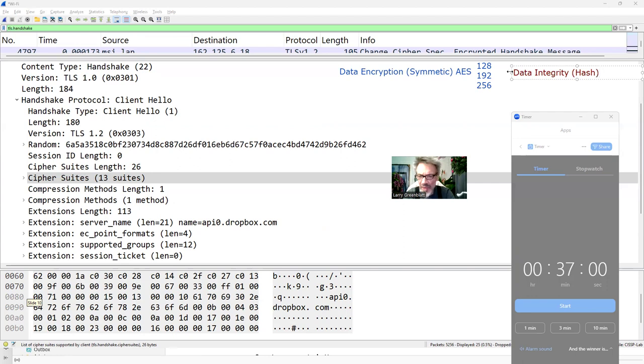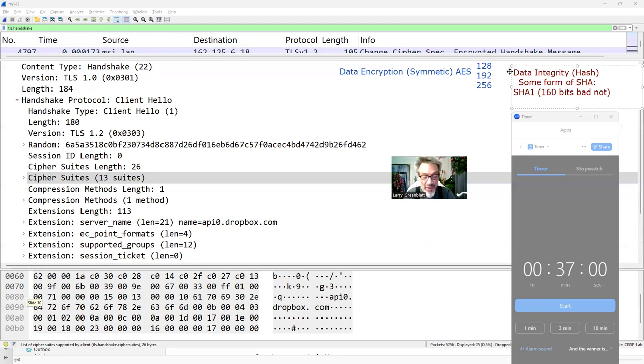SHA-1 is only 160 bits, and it's been cracked badly. Today we should not support it, but they probably will.